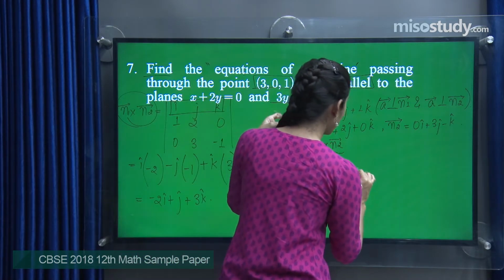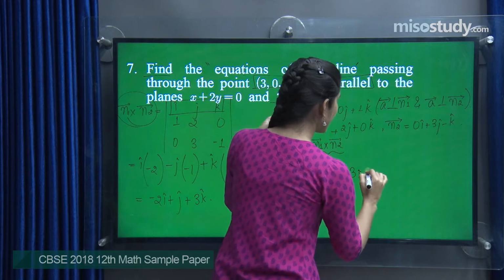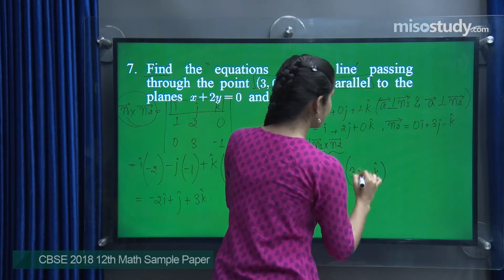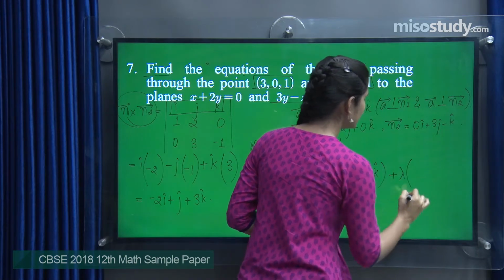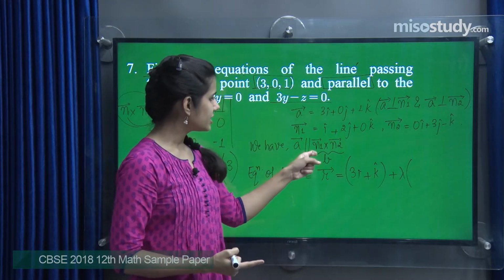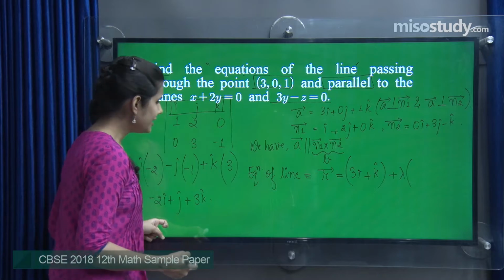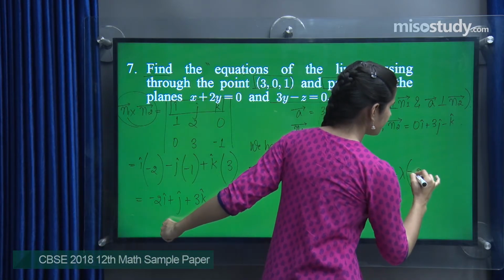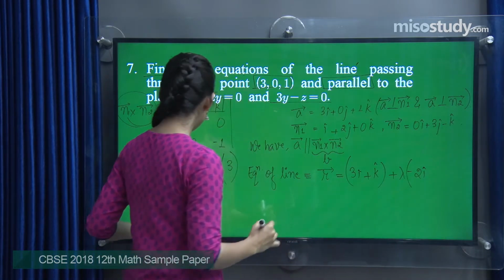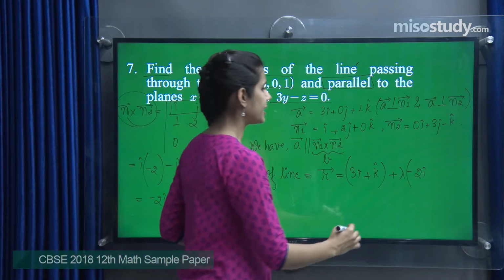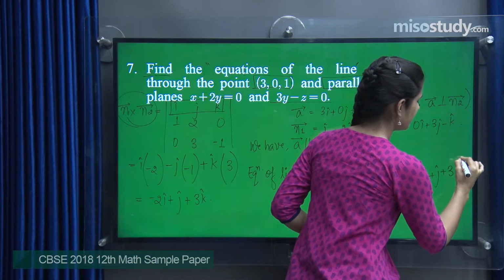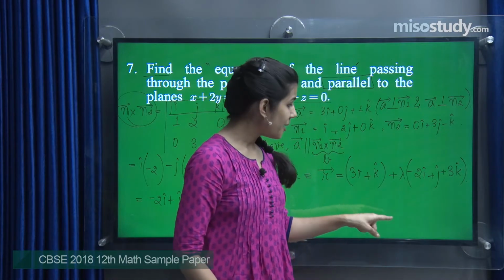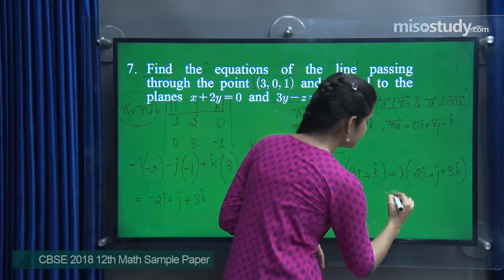It is 3i cap plus 0j cap plus 1k cap, plus lambda times B vector, which is n1 cross n2, which is minus 2i cap plus j cap plus 3k cap, where lambda is any scalar.